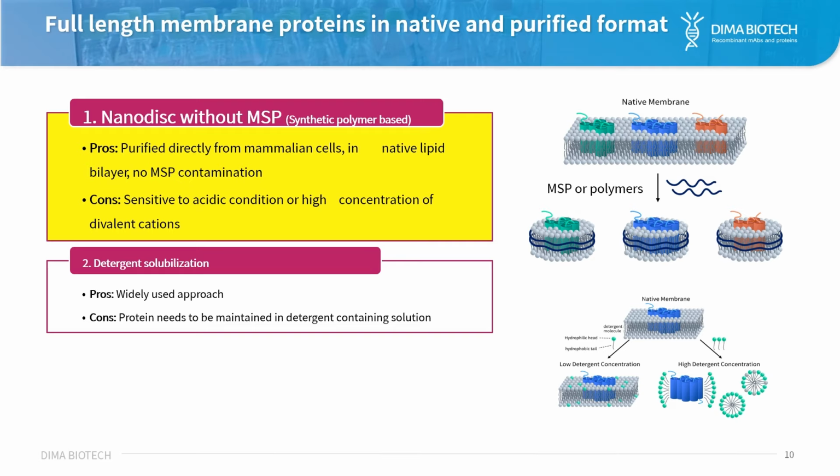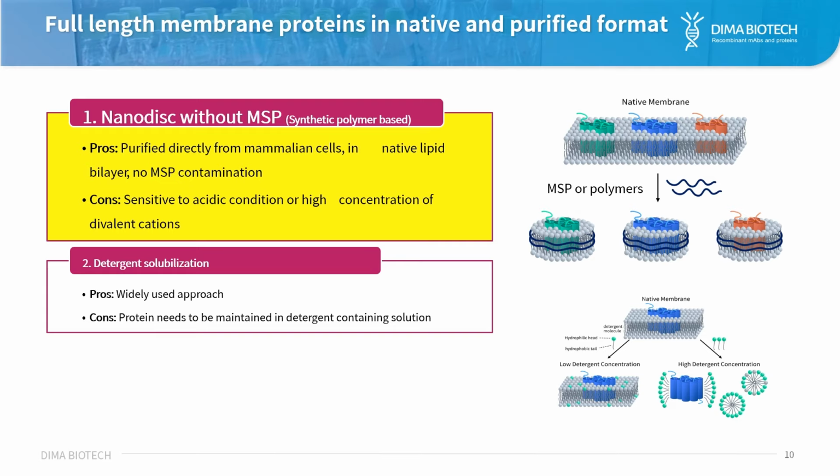The purified protein can be used for crystallization and some functional assays. However, if you are doing cell-based assays, the detergent can cause an issue to the cells. So we recommend the first solution, the nanodisc without MSP.